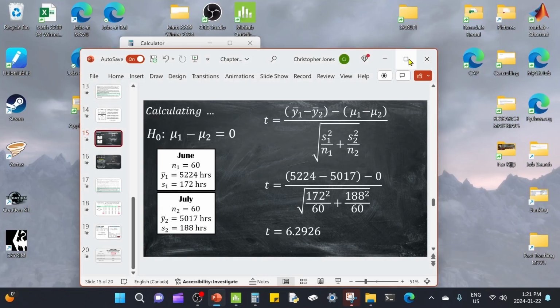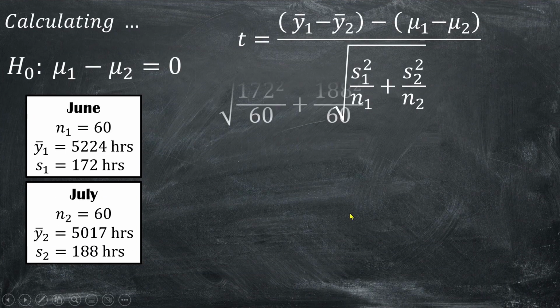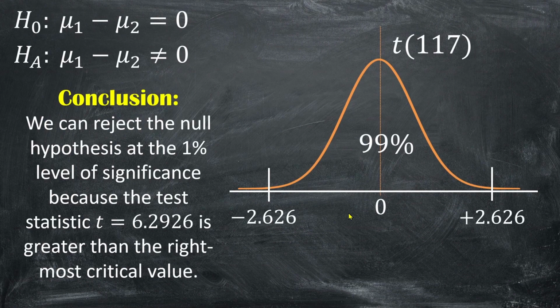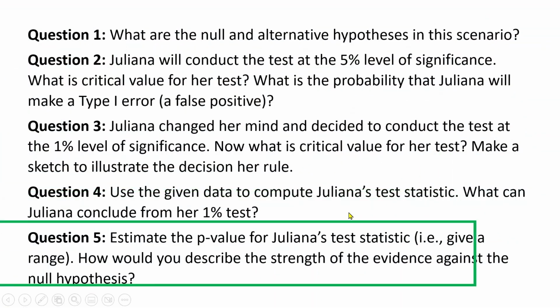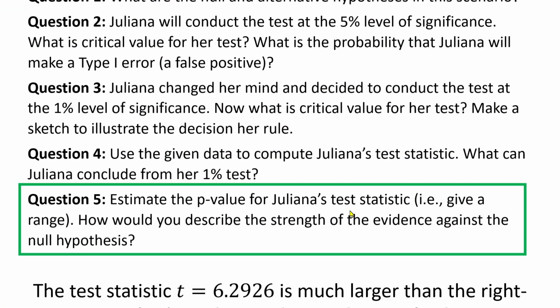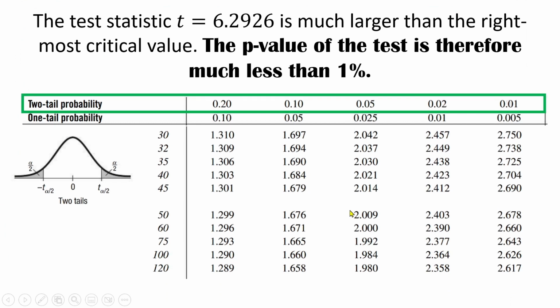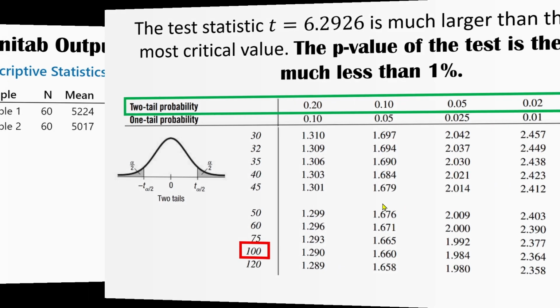And so if we go back to the slides, so just zip through this again. Right, so using the table, all we could say was that the p-value must be smaller than 1%. I mean, after all, that's why we rejected the null hypothesis, because the p-value was less than the level of significance of the test.